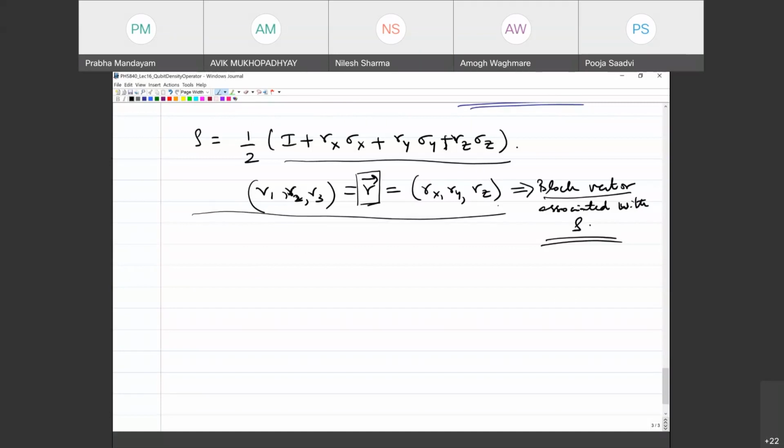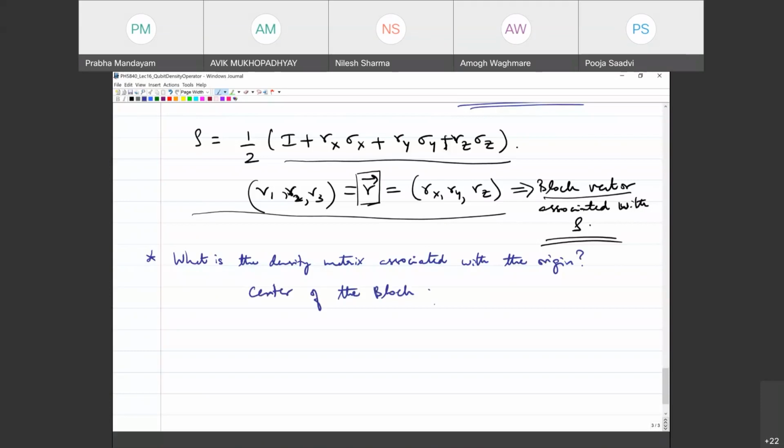So the question I was asking is, what is the density matrix associated with the origin? Just the center of the Bloch sphere. Identity by 2.